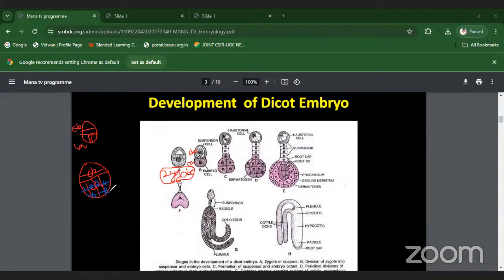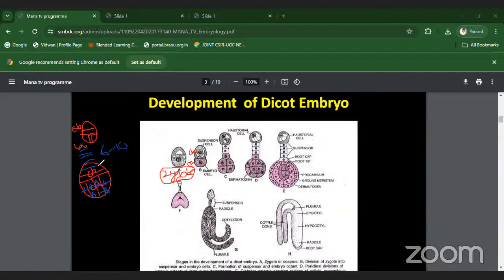The transverse division also takes place in the CB cell. Another transverse division takes place in the CB cell, and this transverse division continues, one after another, like this. 6 to 10 cells are formed in the CB cells.